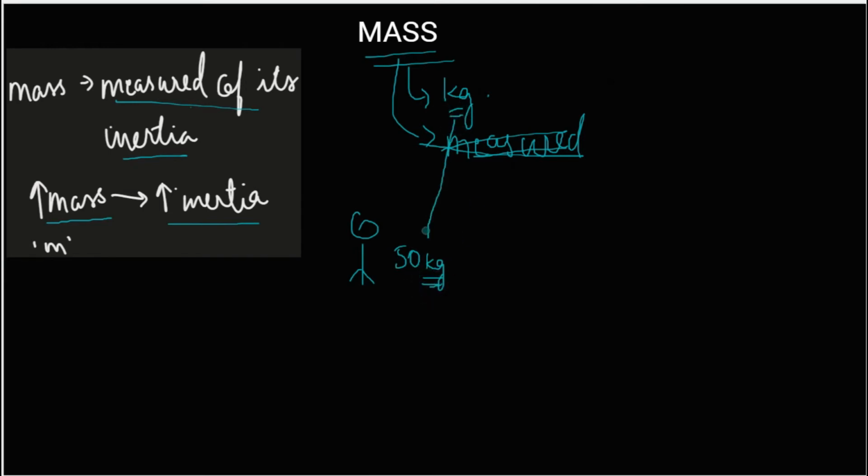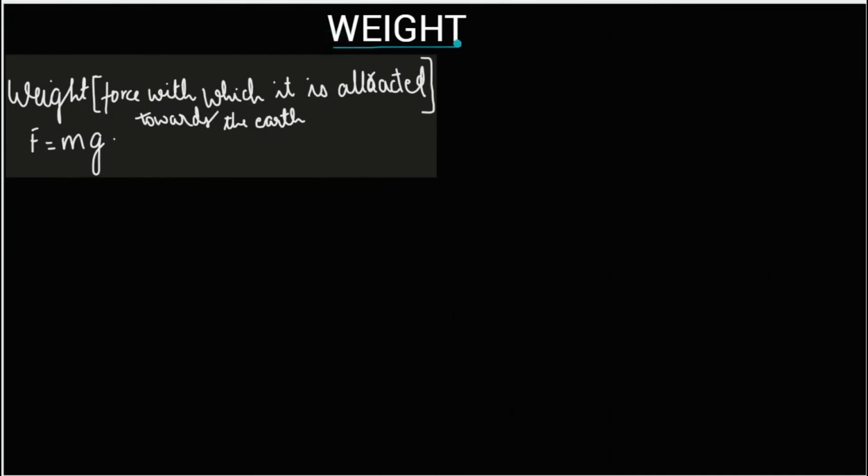Oh my god, you are talking about your mass? No, you're not talking about the mass. This is the myth. You are talking about weight. If you say I weigh 50 kg, you're not weighing 50 kg. You are weighing 5 into 10, 5 into 10 kg meter per second square, 50 kg.